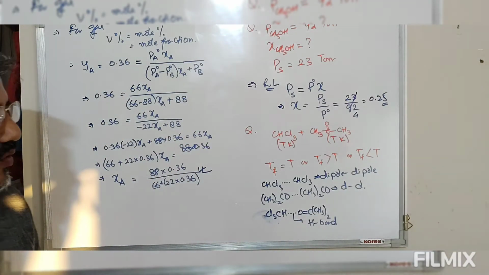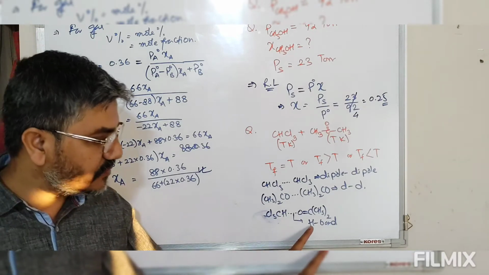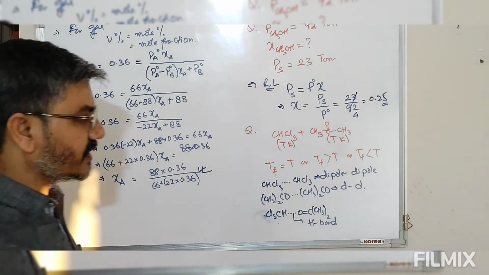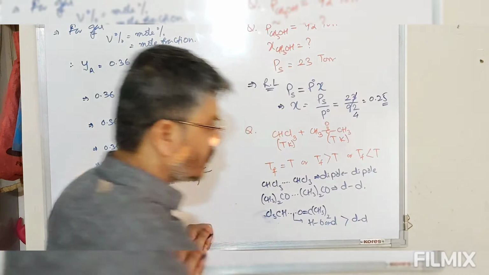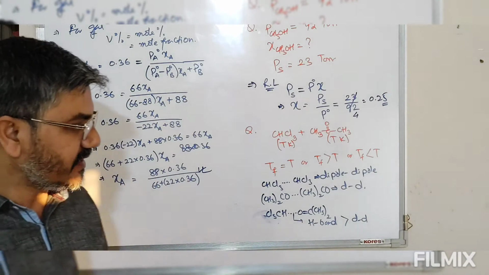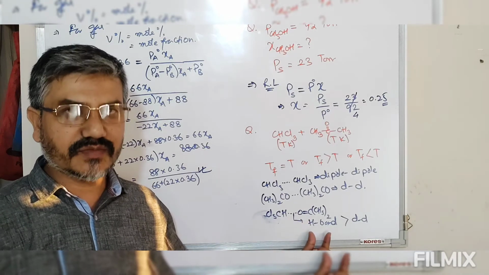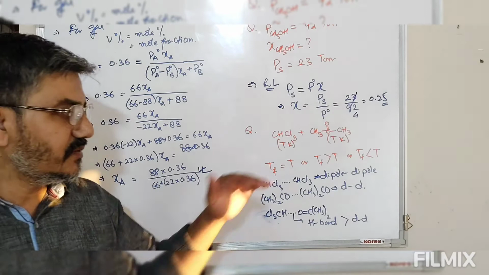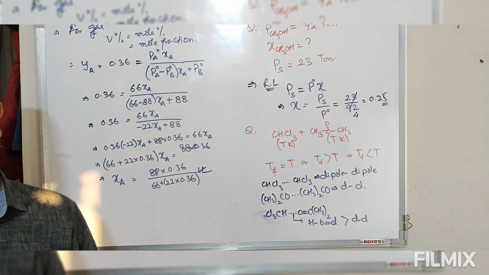Now look at this: among intermolecular attractive forces, hydrogen bond strength is greater than dipole interaction. So if a stronger interaction exists between chloroform and acetone molecules, some amount of energy must be released. Because of this stronger hydrogen bond formation, energy is released. If energy is released, then temperature must increase.